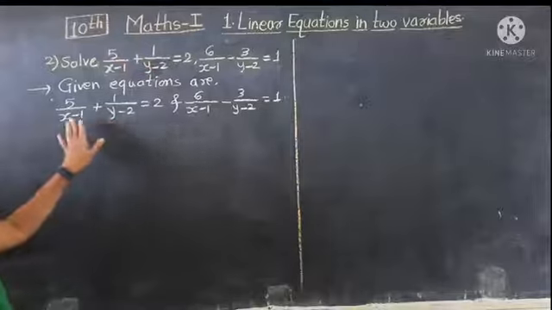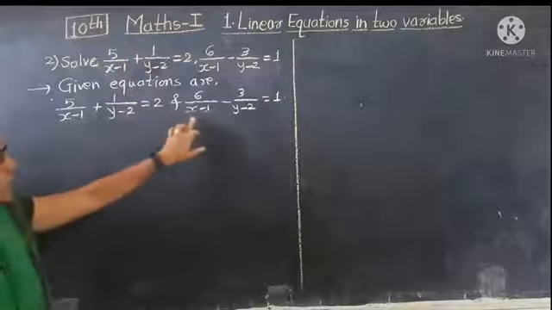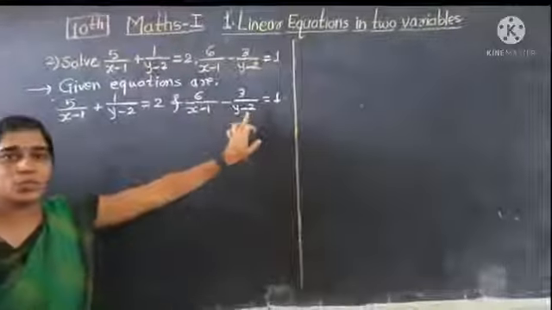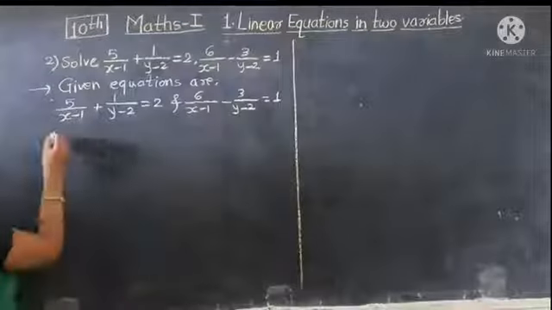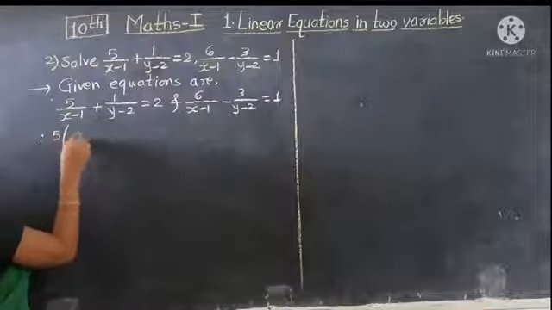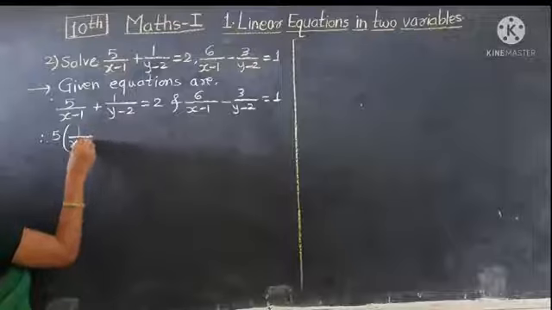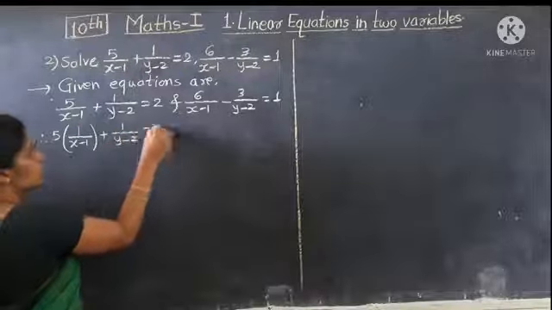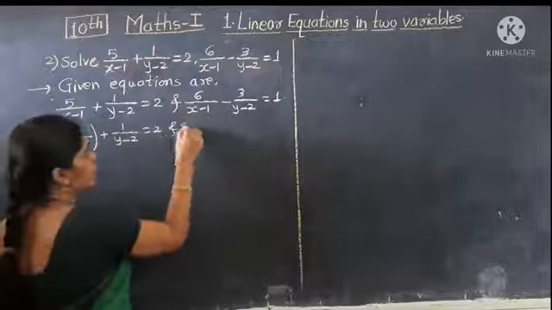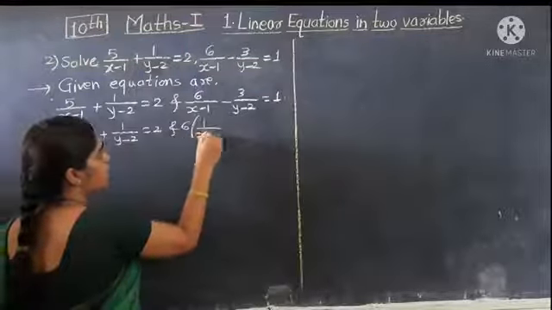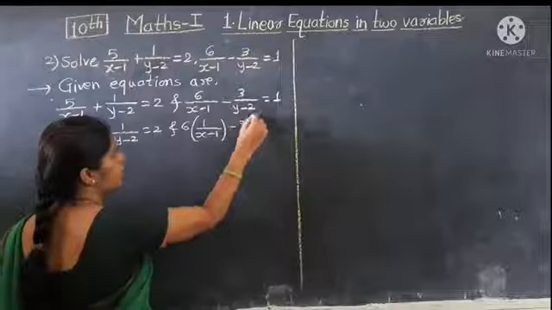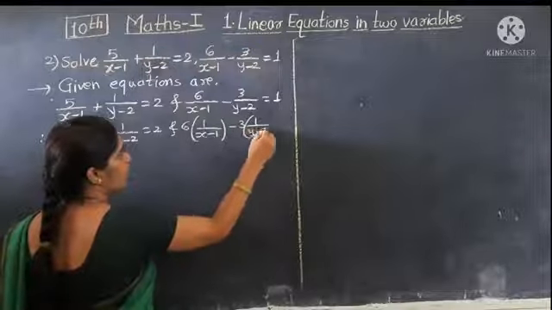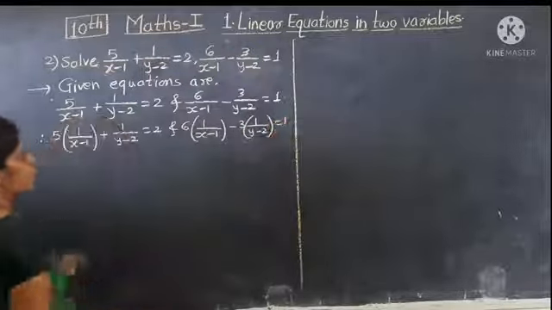Here you observe in both these equations x minus 1 is the same, y minus 2 is the same. Therefore we write this as 5 into 1 upon x minus 1 plus 1 upon y minus 2 is equal to 2 and 6 into 1 upon x minus 1 minus 3 into 1 upon y minus 2 is equal to 1.